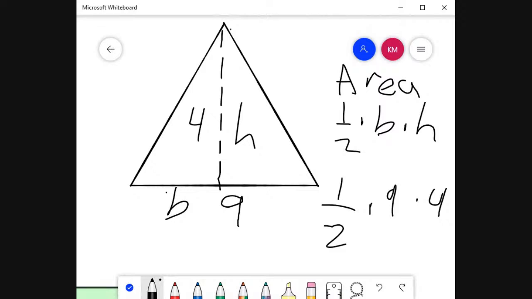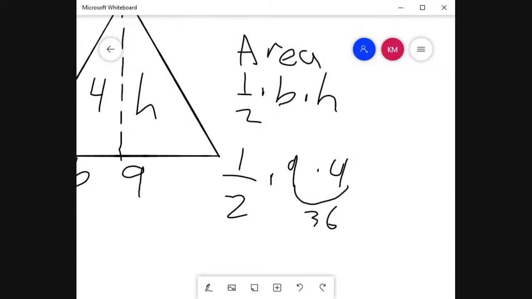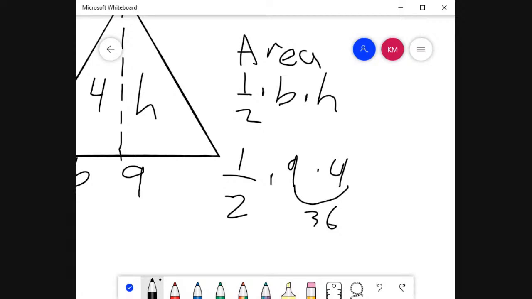So 9 times 4 gives me 36. And then 1/2 of 36, or 1/2 times 36, that gives me 18, because half of 36 is 18, or 36 divided by 2. Either one, the answer will still be 18.